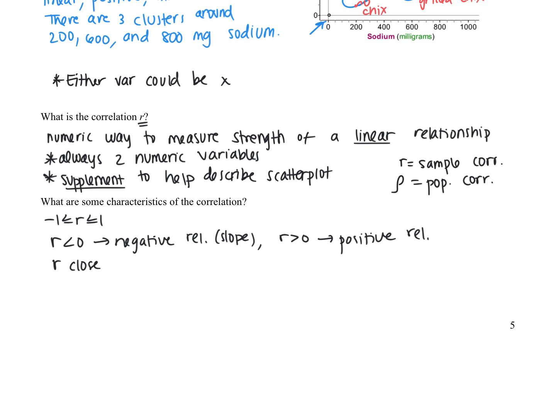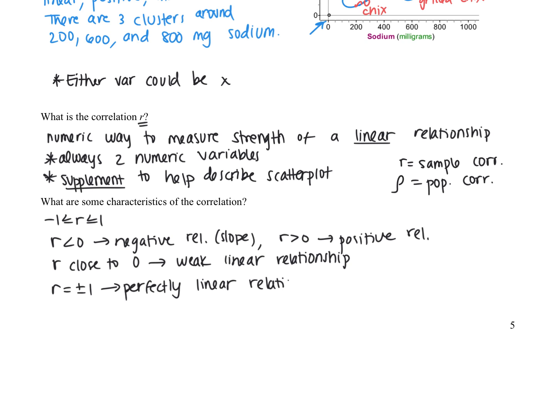If your R value is close to 0, that indicates a weak linear relationship. There could be a curve, there could be no relationship at all. Again, you don't know unless you look at the scatter plot. If your R is positive or -1, that is a perfectly linear relationship. So all the points fall exactly on a line.